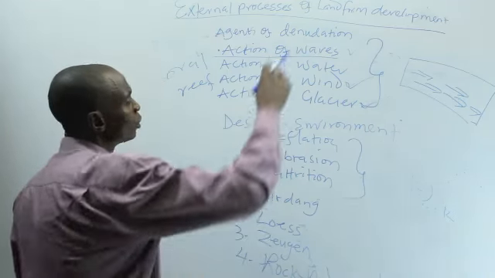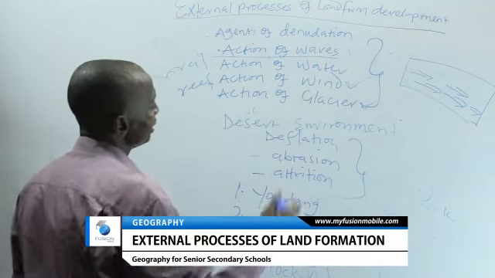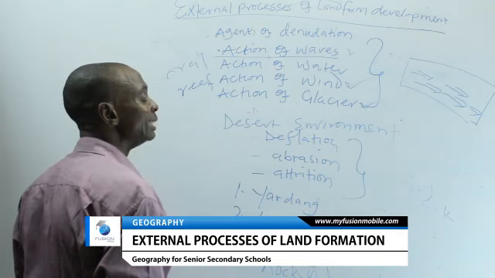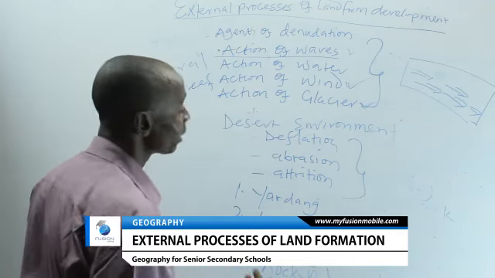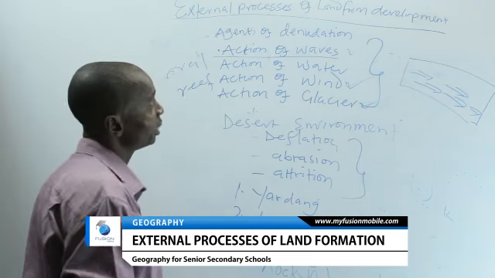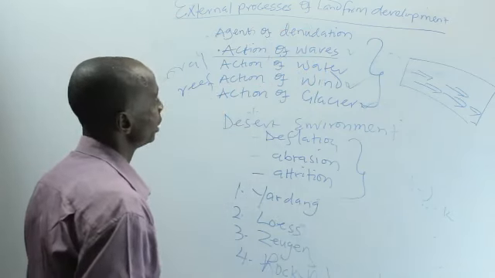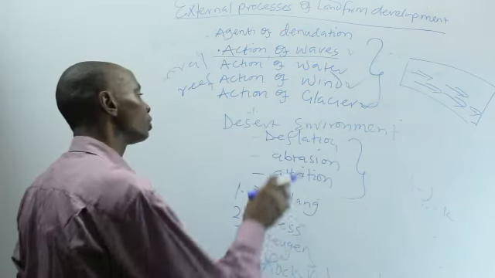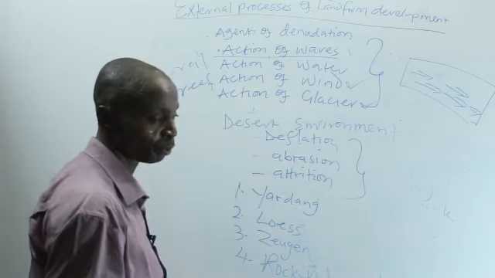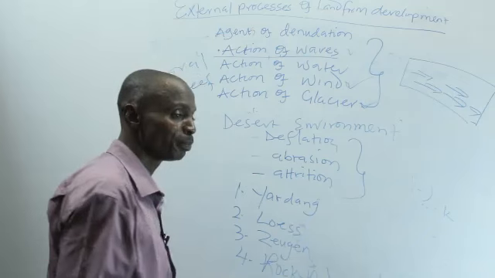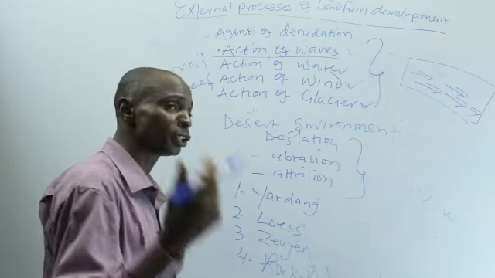So we talk about the action of water. The action of water is prevalent in a tropical environment where temperature and rainfall are very high, because the higher the temperature, the higher the rainfall. So in a tropical environment, you have high rainfall, and once the rain falls, three things happen. Number one, erosion will take place. Number two, infiltration will take place. Number three, evaporation will take place.